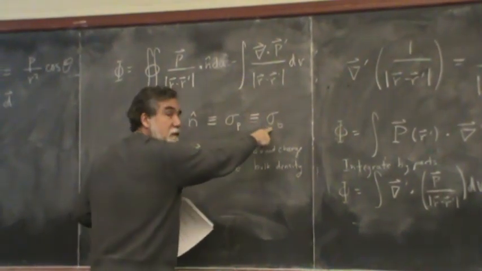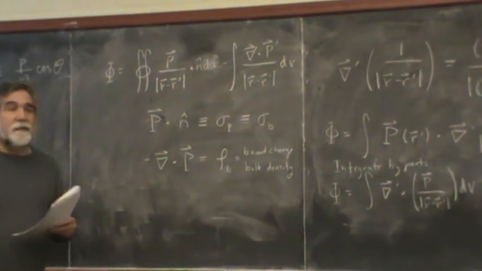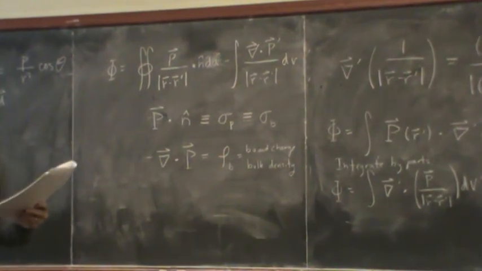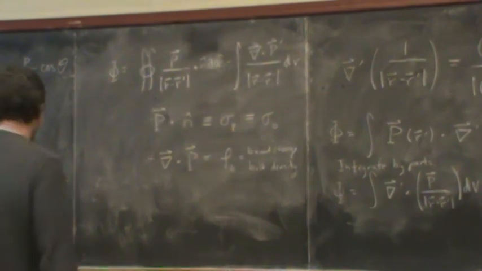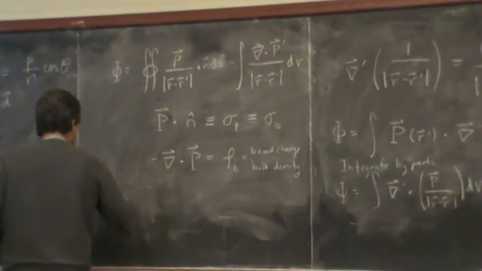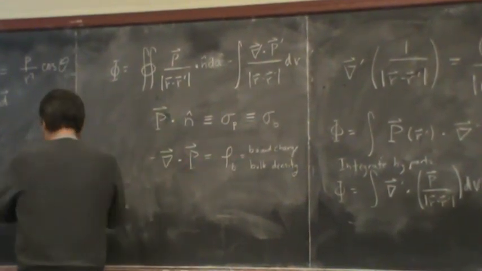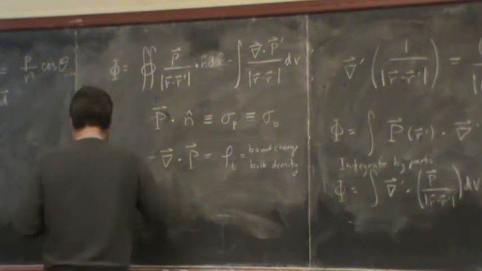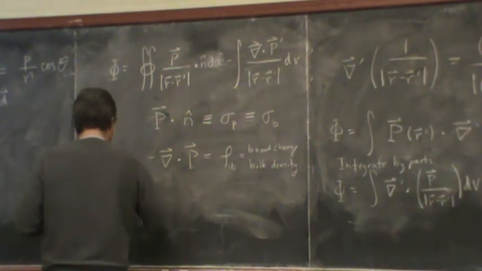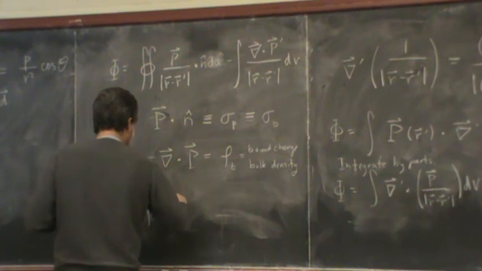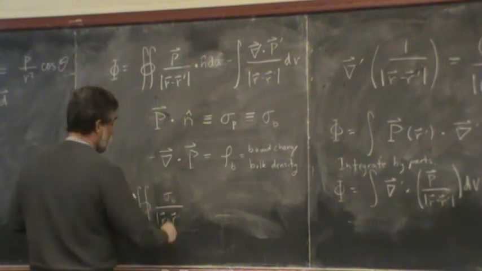This is surface, sigma is surface, rho is in the bulk of the material. Okay? So then the potential, just rewriting it in terms of these new definitions that we've used, is sigma bulk over, oh, see, I said bulk.